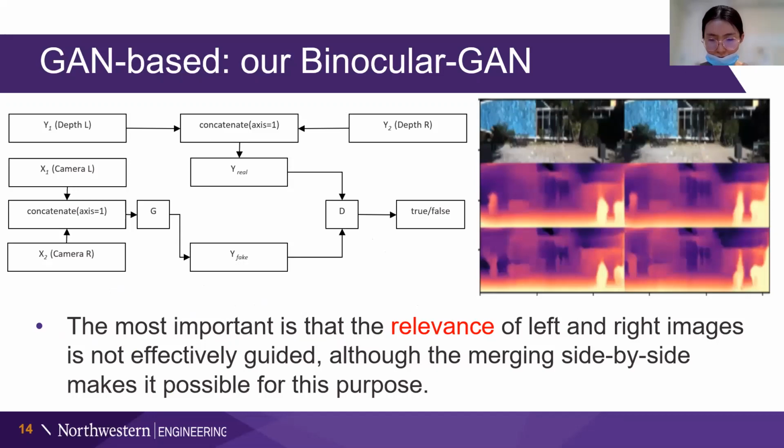The main idea is to put the left and right images side by side as the input, and then we use the GAN network and get the depth estimation.